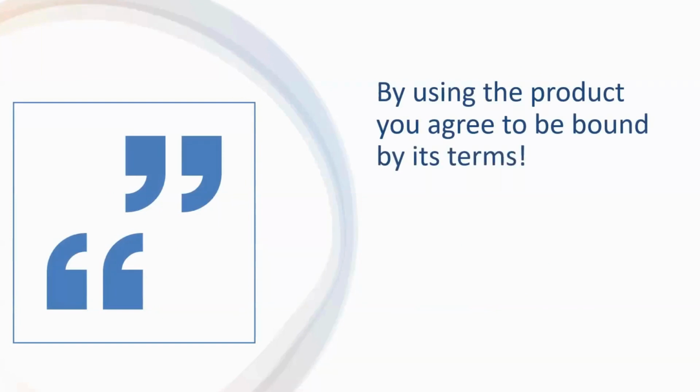So by using this product, the Family Estate Docs product, you agree, and I'm talking to the retail person right now, you agree to be bound by the terms that we're about to talk about. They're pretty serious. You need to understand them.